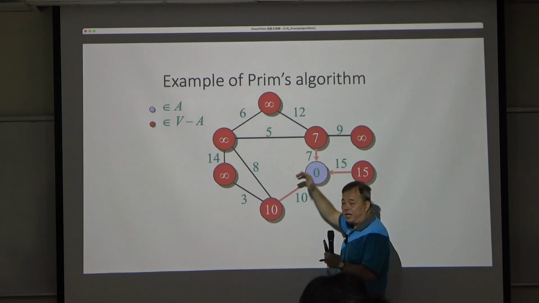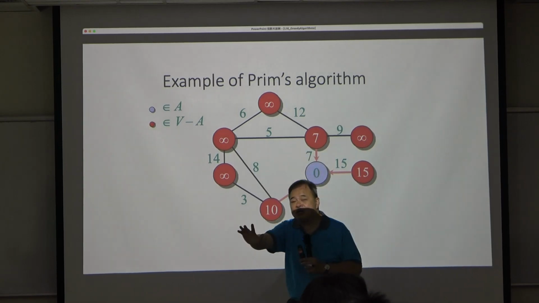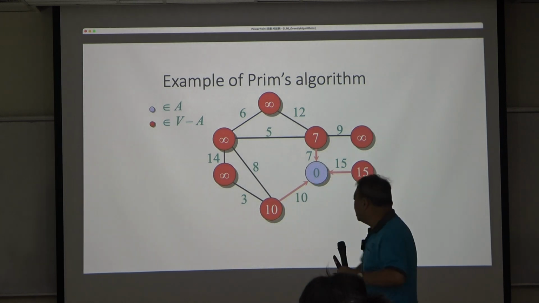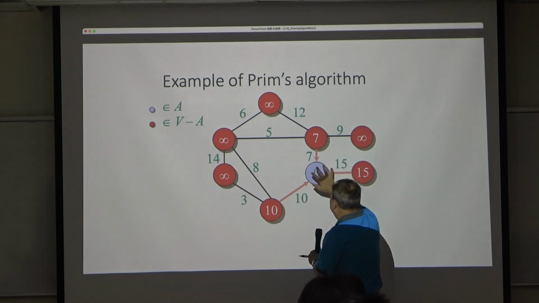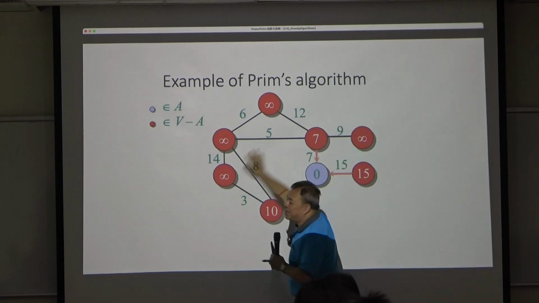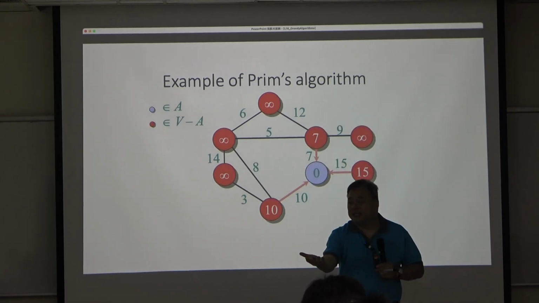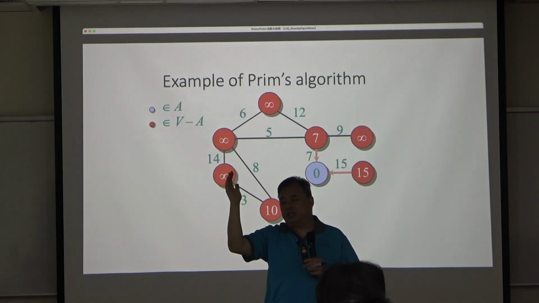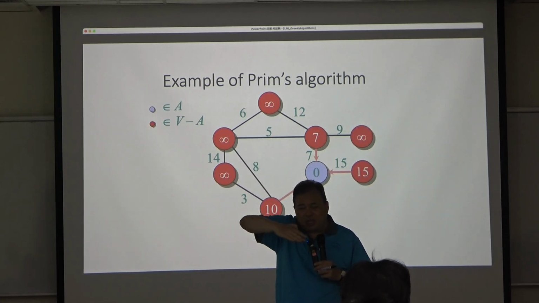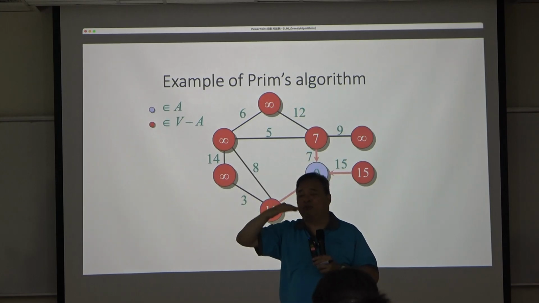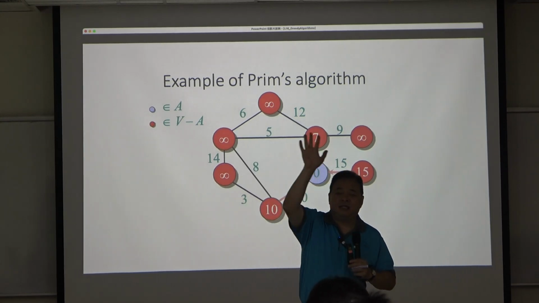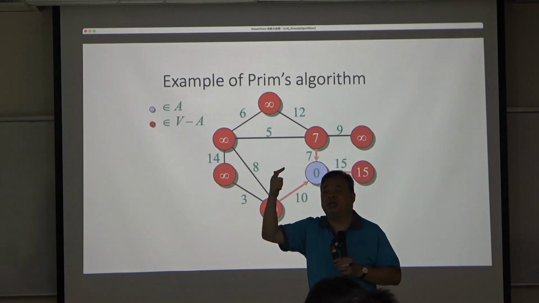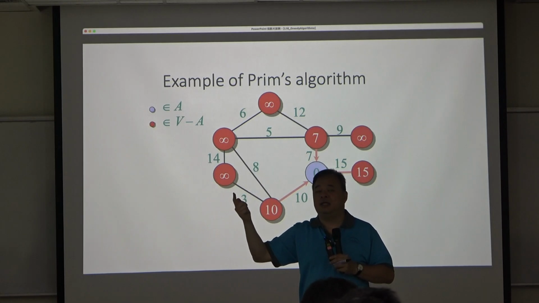Why? Because remember our theorem. Our theorem tells you that this one is A, and all the other nodes are V minus A. So whichever edge has the smallest weight connecting V minus A to A has to be included in the MST.